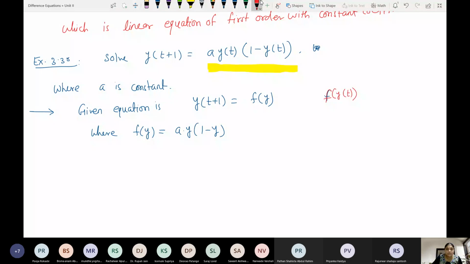What is f of y of t? It is a y of t times 1 minus y of t. So f of y is a times y times 1 minus y.